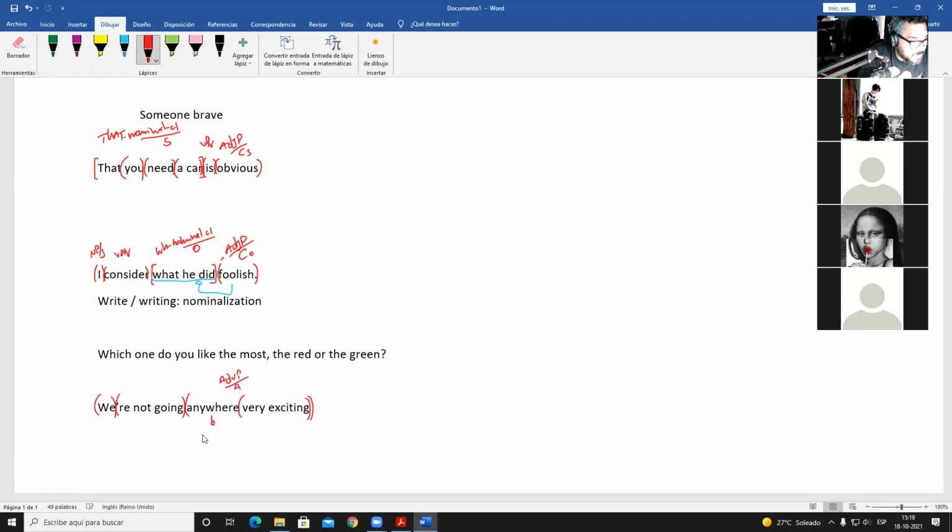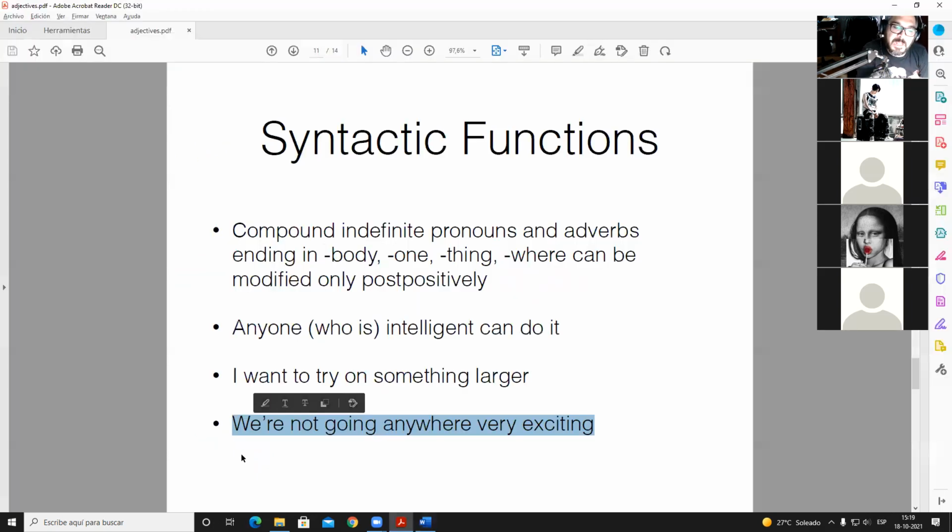Adverbial with the adverb head, and then the adjective phrase postmodifier with the adverb and the adjective head. Where are we going? We are not going anywhere. Very exciting, interesting, and nothing new, not that difficult.